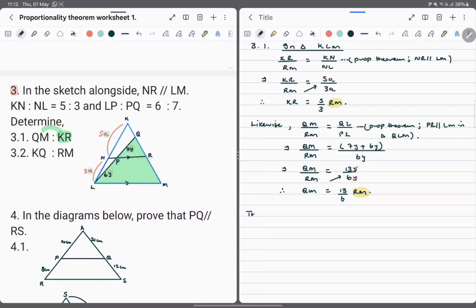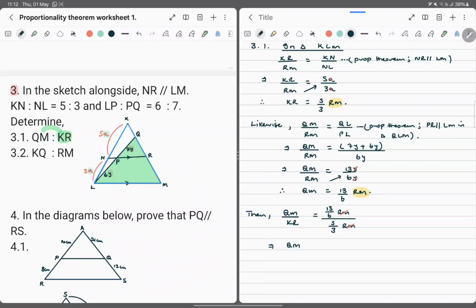We can say then we understand that QM divided by KR directly this time, let's just say 13 over 6 RM, all divided by 5 over 3 RM. And guess what? RM takes care of RM, and the ratio will just simplify itself nicely.